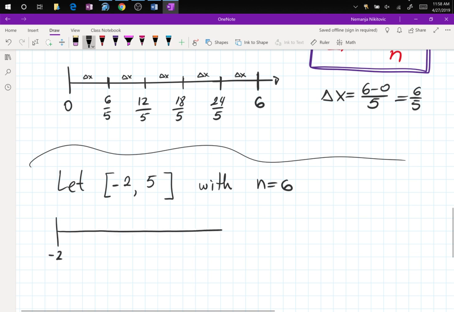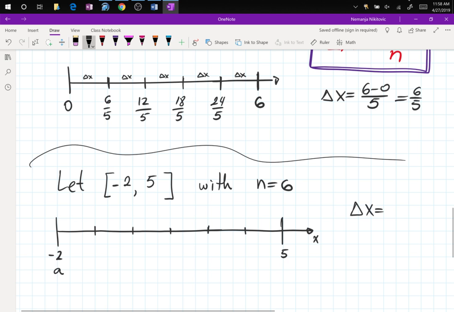You know that your first number is -2. That's always your A. And then 6 of these guys. 2, 3, 4, 5. And you know it must end at 5. Otherwise, you are wrong, right?